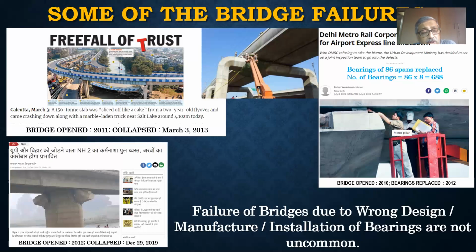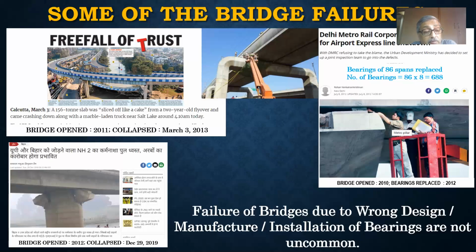What you see on the bottom left is a collapse which happened quite recently, in December 2019. It is not exactly the failure of the bearing, but the failure of the bearing support. That means the cantilever brackets were not adequately designed for the bearing loads, and it collapsed after 7 years of operation.